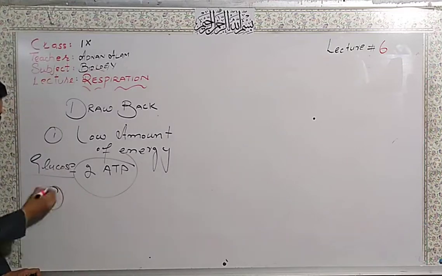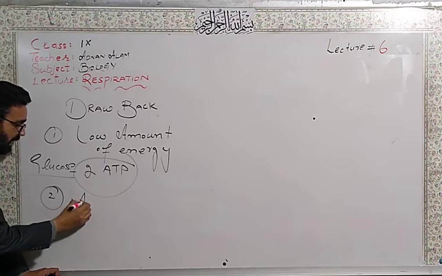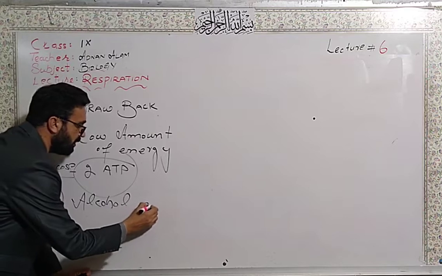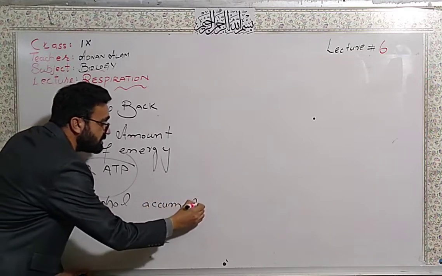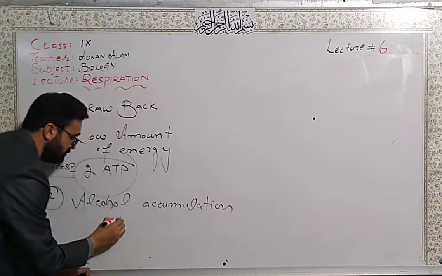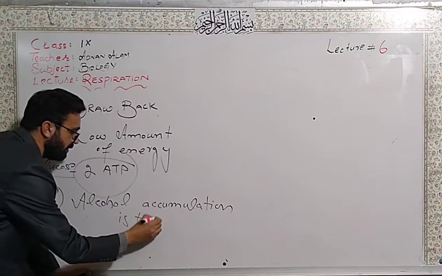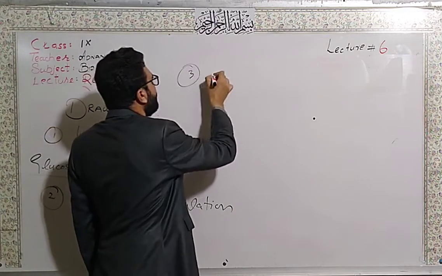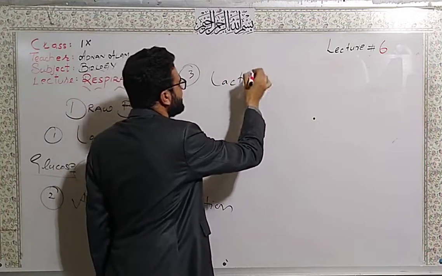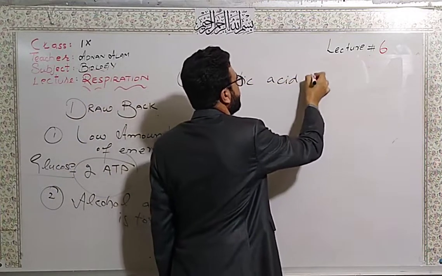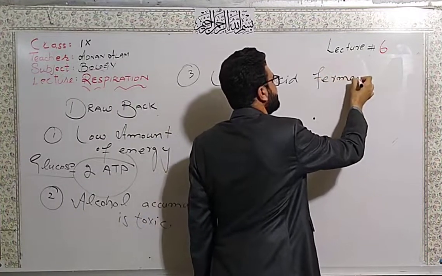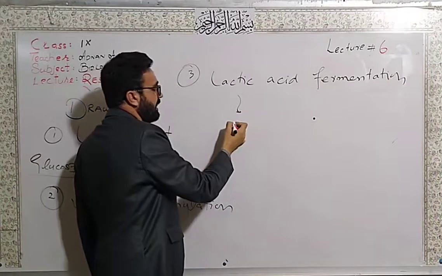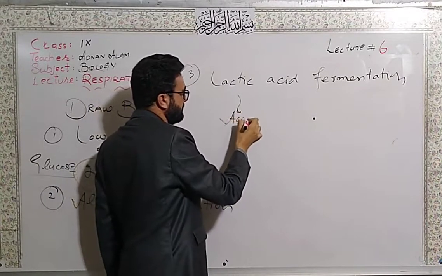Second, alcohol accumulation is toxic for the cells. Third, with lactic acid fermentation in our muscle cells, sometimes the lactic acid accumulates in the form of crystals.